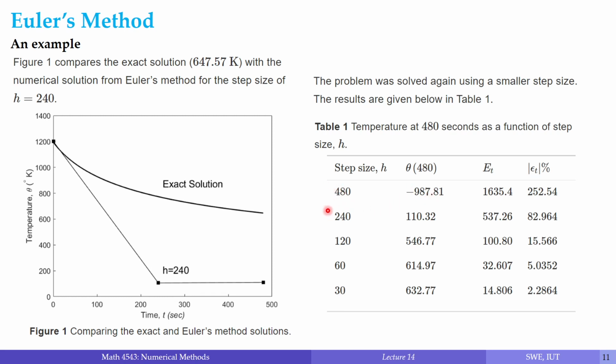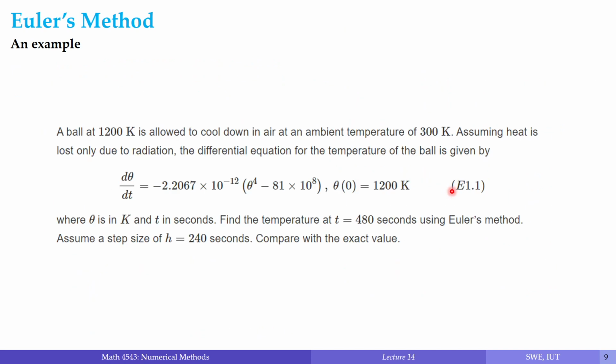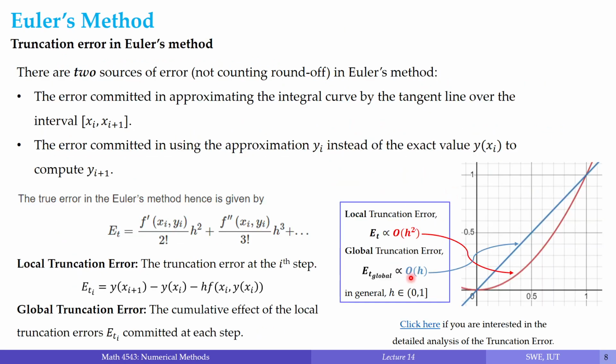Okay, so as we decrease the value of our step size, we are getting lesser and lesser values of error, right? So this over here is our global truncation error. Okay, so if you recall, our global truncation error was of the order of big O of h, right? Which means if we decrease our step size by half, we should expect a decrease of our global truncation error by half as well, right?